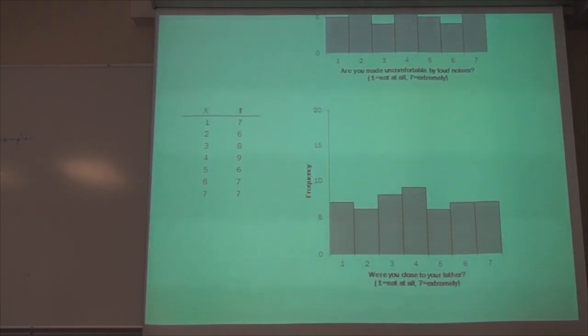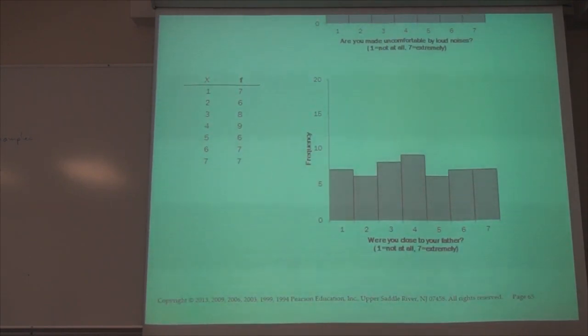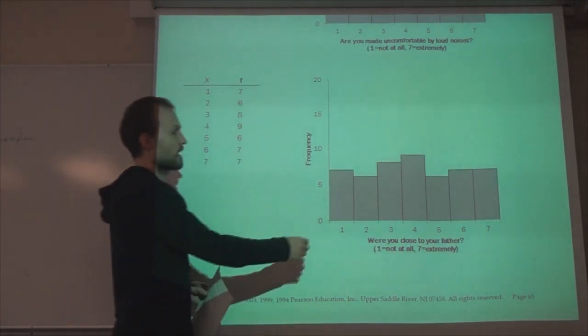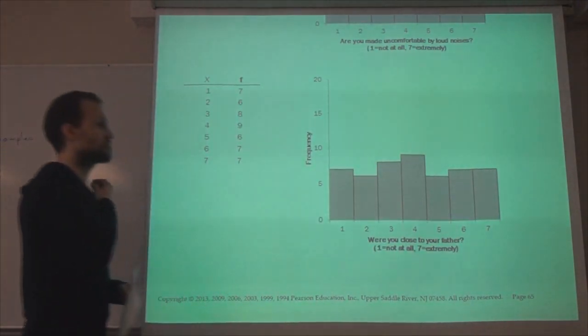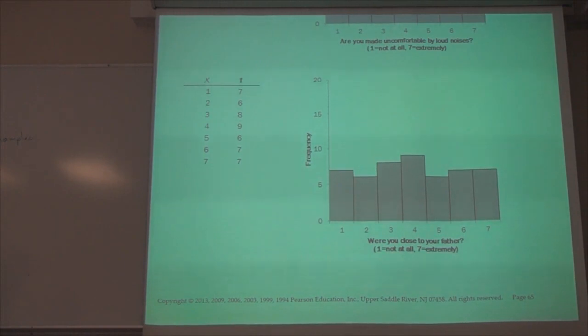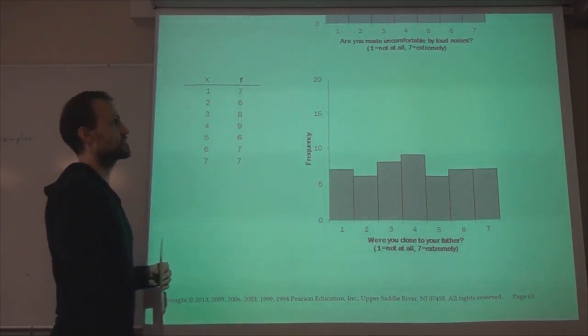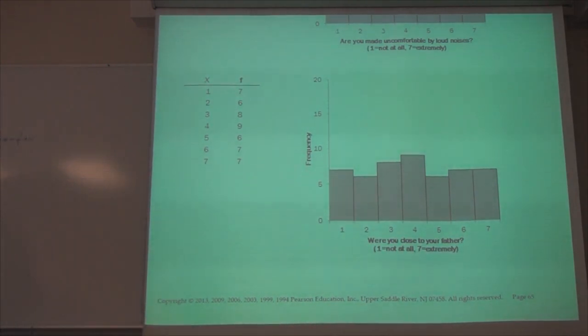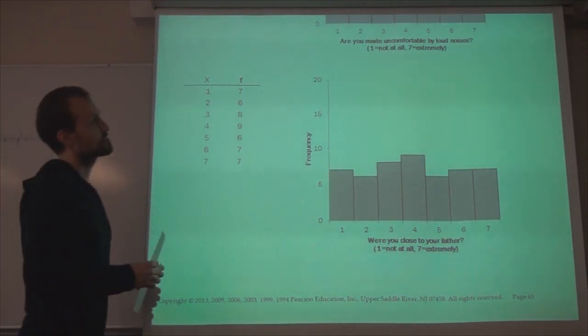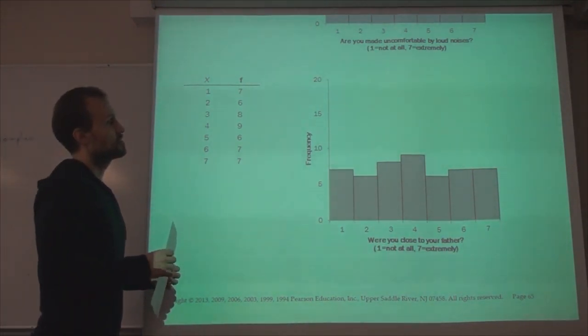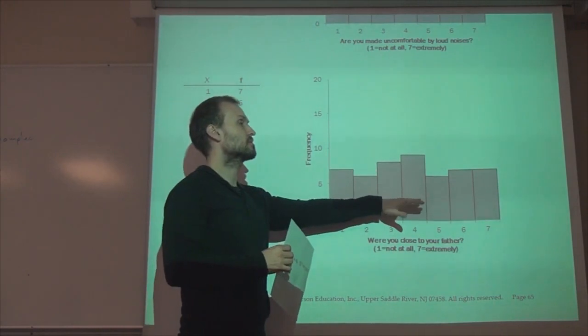What do we have here? Here we have a much flatter distribution. Where are you close to your father? Everyone gets, it's sort of spread out in terms of the results that you get in the survey. There's no one peak that stands out. So it's an important property of the distribution in terms of the shape.